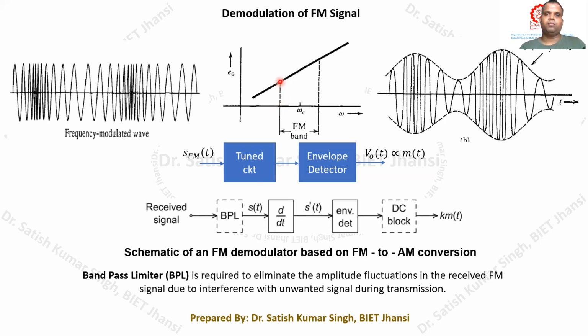Similarly, when ω = ωc, at this point it is going to multiply with this much magnitude. And when it is having the maximum frequency, at that time it is going to multiply with this much magnitude. And therefore we can see that there will be a linear variation in the magnitude that we are going to observe whenever the FM signal is passed through such a tuned circuit.